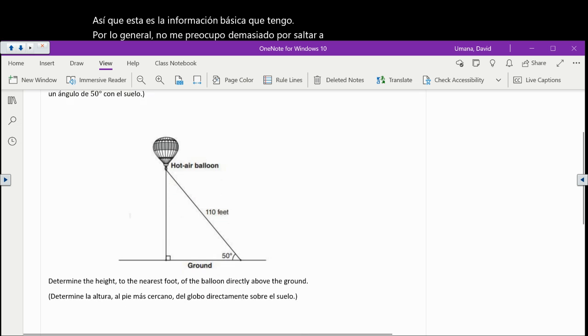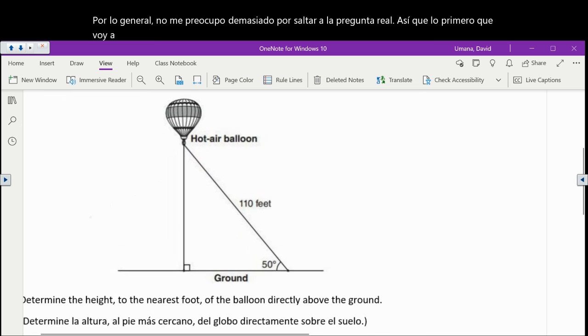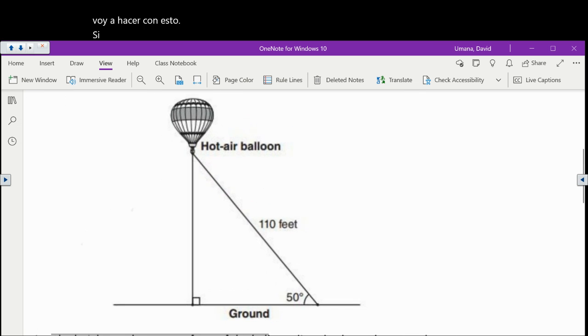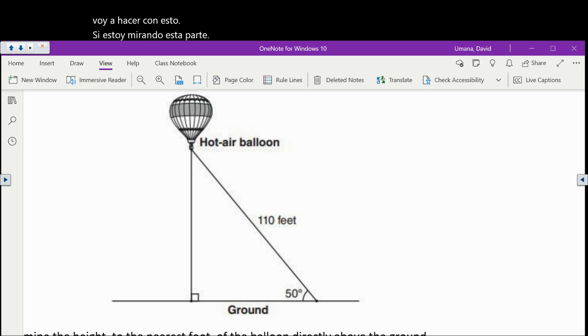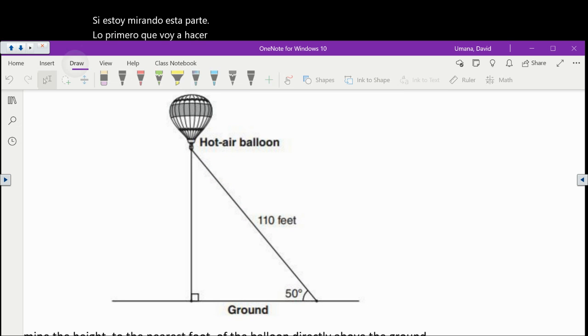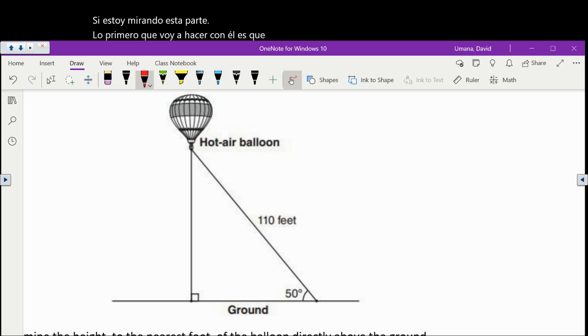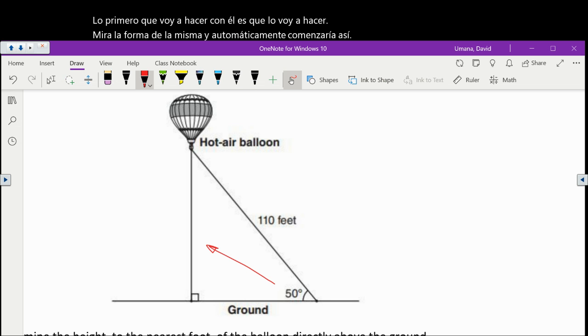So the first thing I'm going to do with this, if I'm looking at this part, is look at the shape of it and I'll automatically begin like this. As soon as I have this, I have already in this my opposite side.